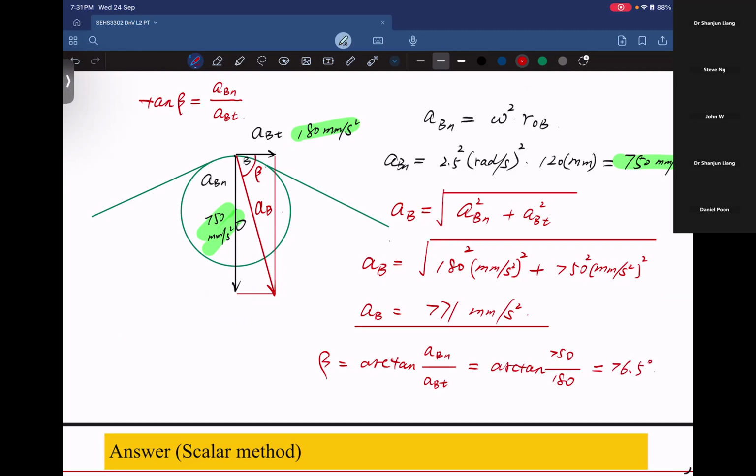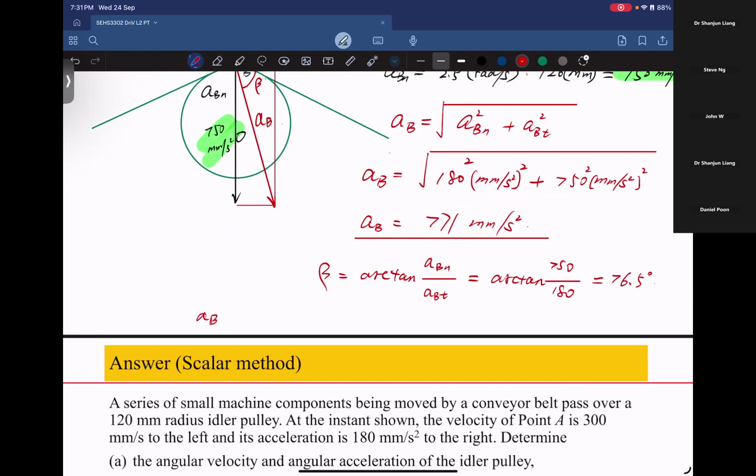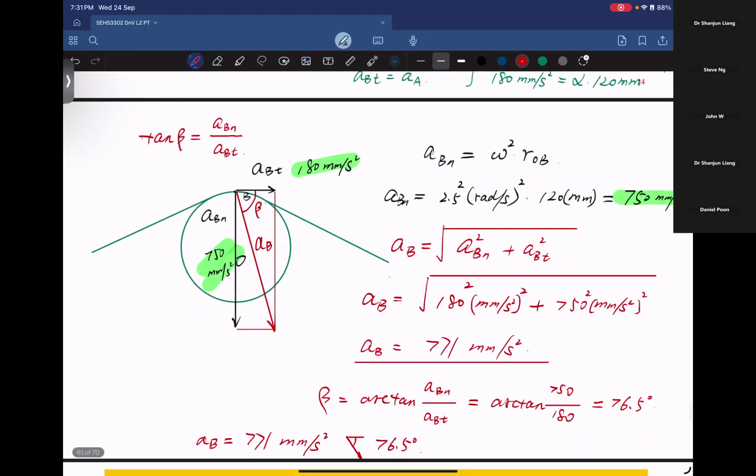So finally, AB is 771 millimeter per second square, and the angle taking the horizontal as a reference is 76.5 degrees. That's it.